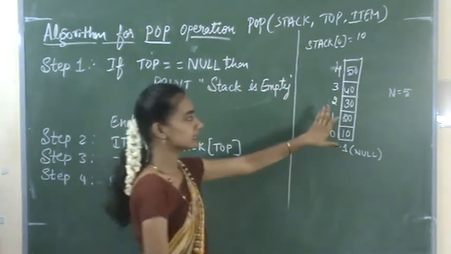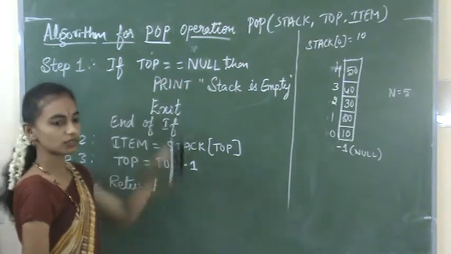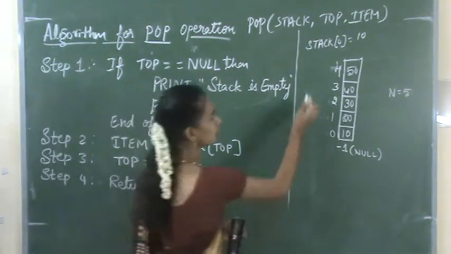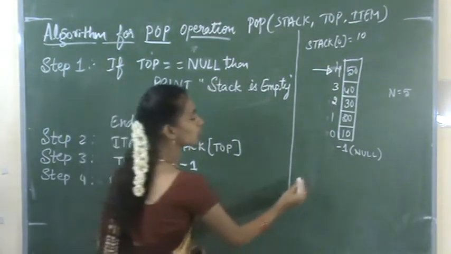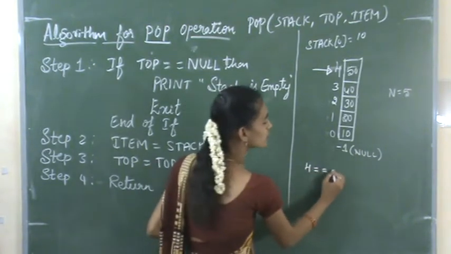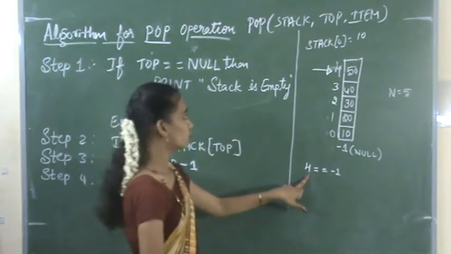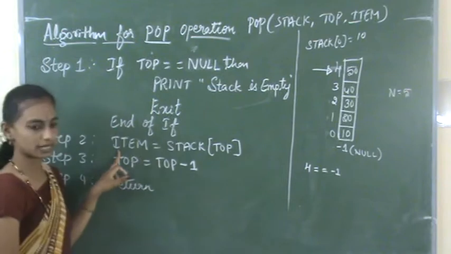Let us consider the same example. First we have to check the condition, that is top is equal to null. Initially the top is here, right? What is the top value? The top value is 4. Is 4 equal to minus 1 or null? No, so the condition becomes false. Now we enter the second step.